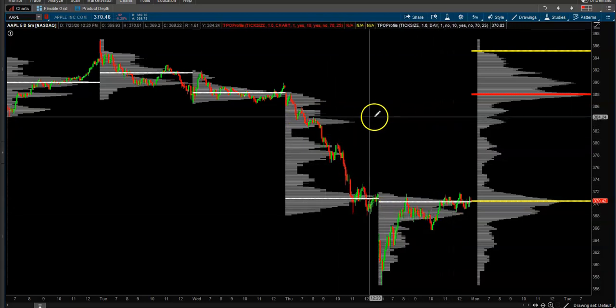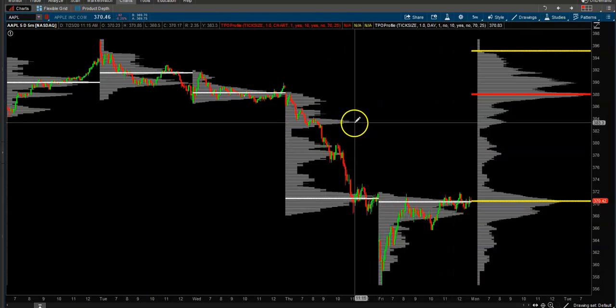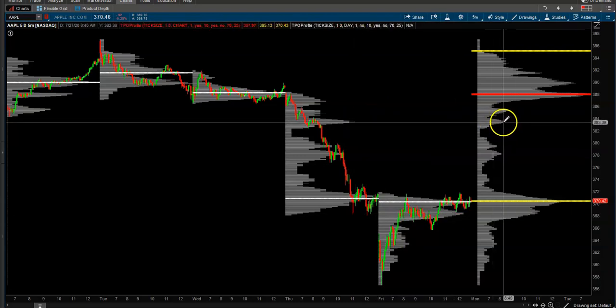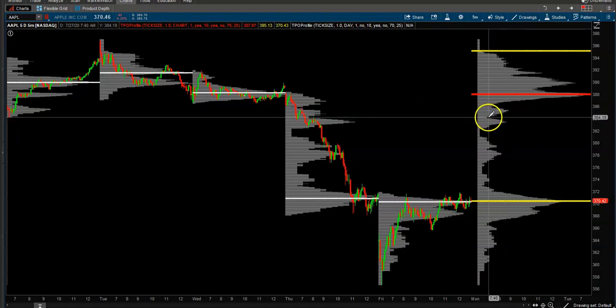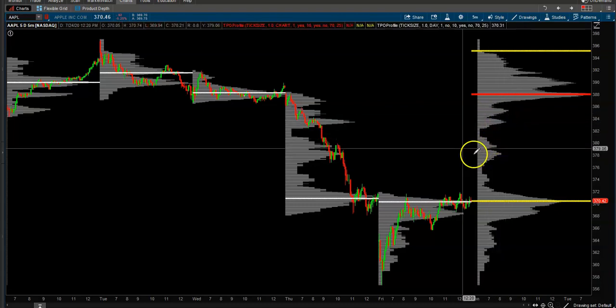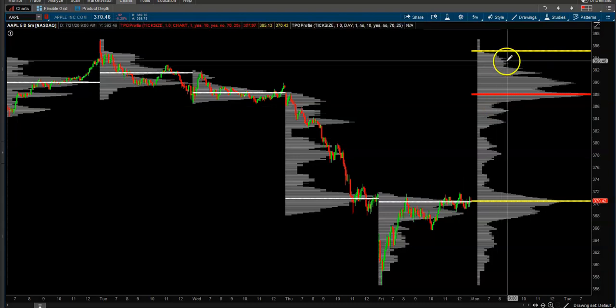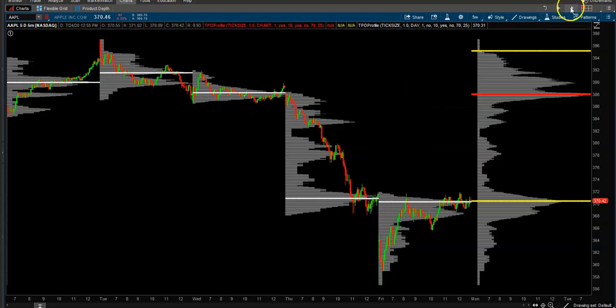Well, if we came back up here, I'd probably be looking for maybe a short on the very first touch here, which is a mini high volume node, and then you have a low volume node there. Just something really cool, a five-day zoom in on the smaller picture of what's going on.